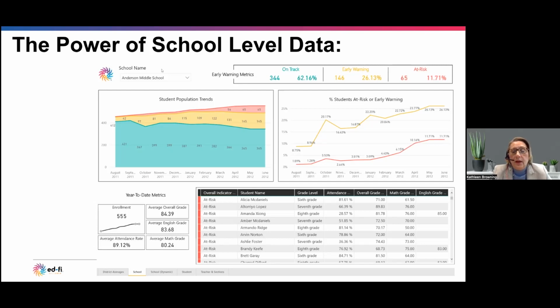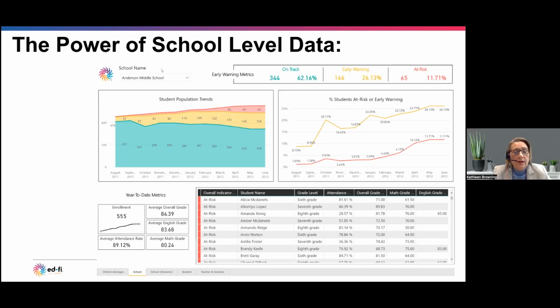The students in the red are those students who have 2 or more early warning indicators. Notice at the bottom of the screen, we have a list. This particular view allows the school district to pinpoint those students that are at risk so they can immediately take action with those students and help bring them back into the green zone.